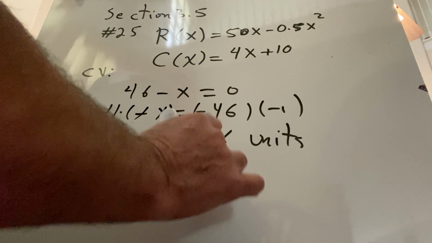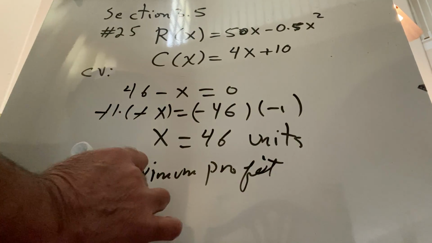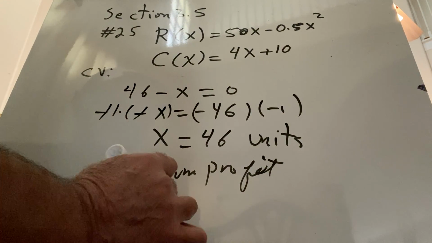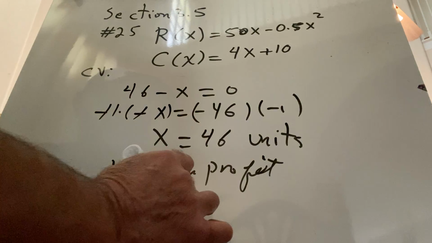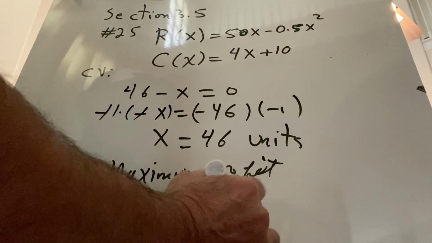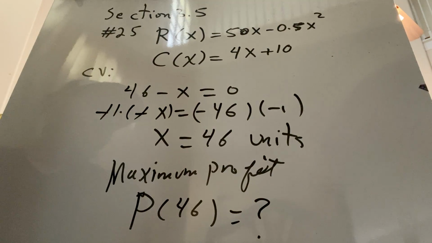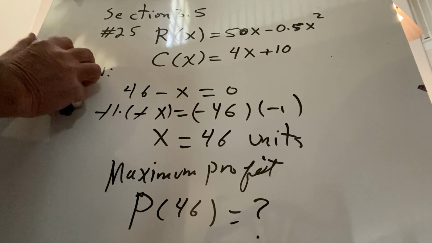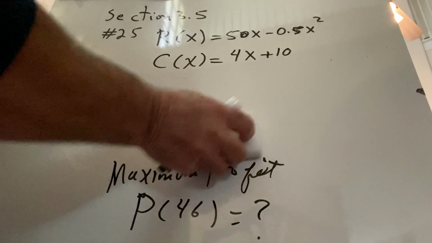The actual maximum profit is going to be simply taking the profit function, which I'll remind you what that was in a minute, and then evaluating it at the number of units that will achieve it. So that's the final question: what is the profit function at the level of 46 units? Let me take you back to the profit function, which we had a minute ago.